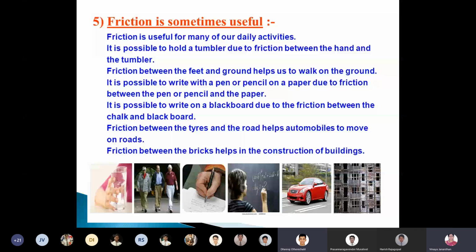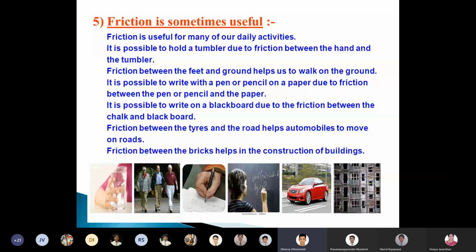Continue, Dheeraj. Friction is sometimes useful. Friction is useful for many of our daily activities. It is possible to hold a tumbler due to friction between the hand and the tumbler. Friction between the feet and ground helps us to walk on the ground.